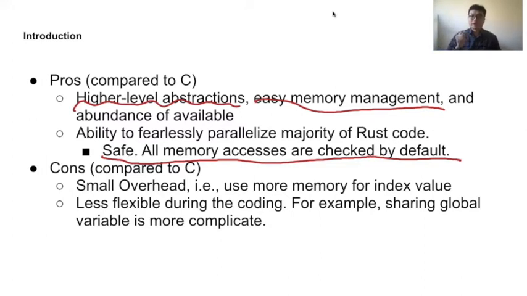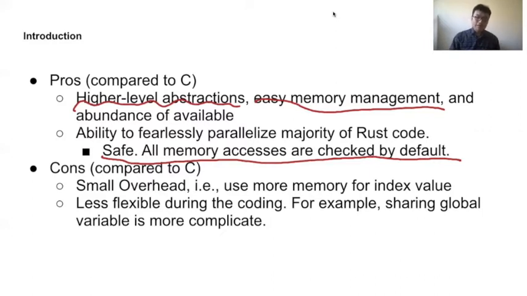You need to take care of this, right? But Rust uses a different way compared to C to manage shared variables and memory. So it's much safer, because memory accesses are automatically checked by your system. So this is a benefit.